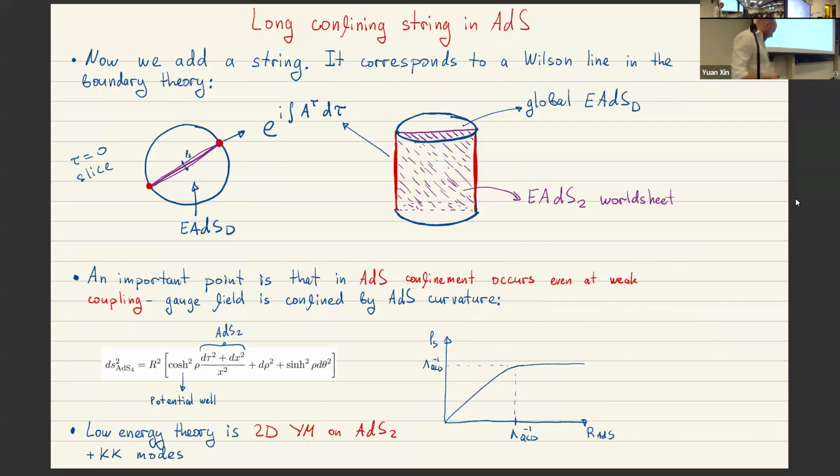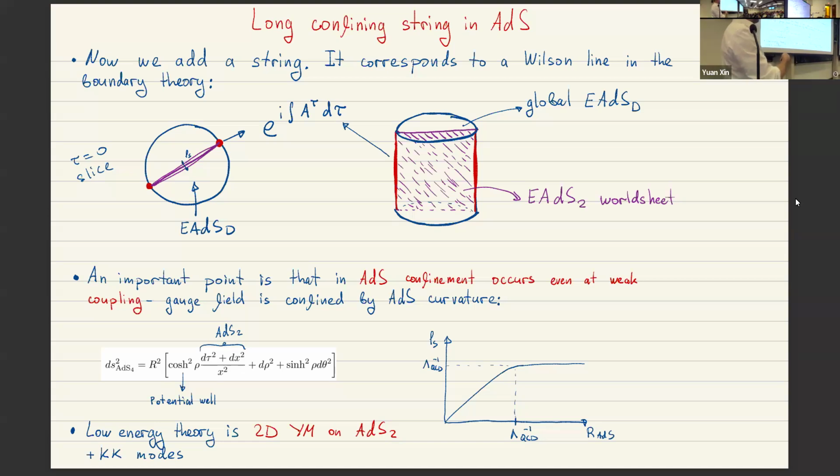But now the next ingredient is that on top of just having QCD in AdS, we're adding our favorite long confining string. The boundary description corresponds to putting a Wilson line. This is a time slice, so the Wilson line is represented by a point, and it creates this long confining string that stretches radially from one boundary of global AdS to the other.